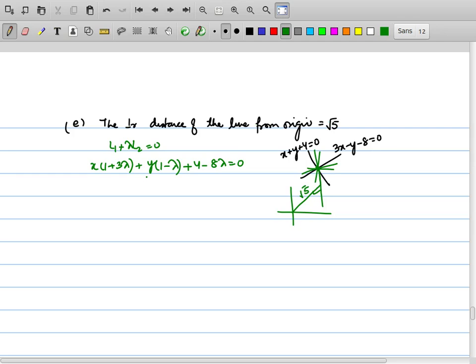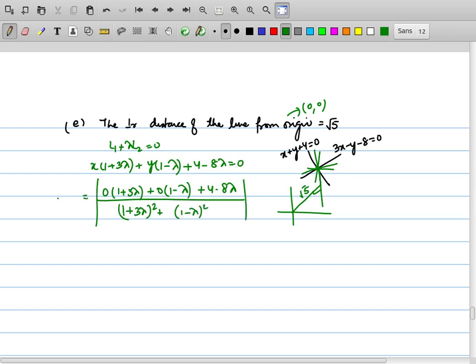So how do we find the perpendicular distance from origin? Origin is 0, 0. We bring every term to the left side and put 0, 0 in the equation. Therefore 0 into (1 plus 3 lambda), 0 into (1 minus lambda), plus 4 minus 8 lambda, whole divided by the square root of (1 plus 3 lambda) whole square plus (1 minus lambda) whole square, take mod, and this distance is given to be root 5.